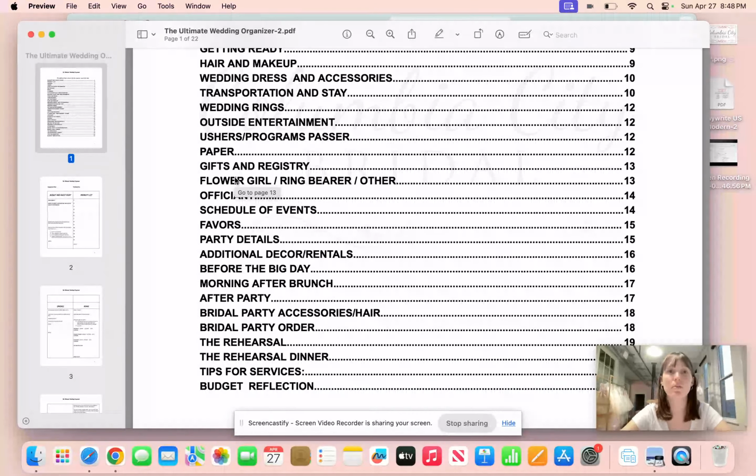You're not going to find very many sections on here that say, complete this 8 to 10 months before your wedding, because quite honestly, timelines are changing constantly. Venues are booking up faster than ever, so I always encourage you to book the most important things to you as soon as you can. You don't have to wait.